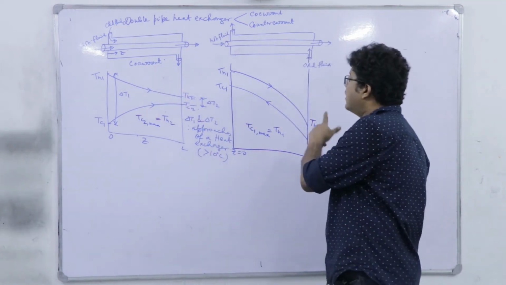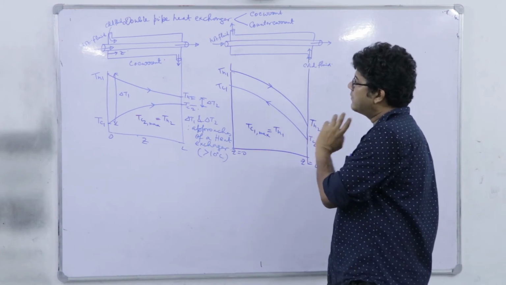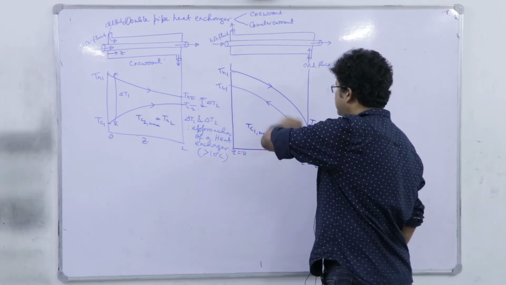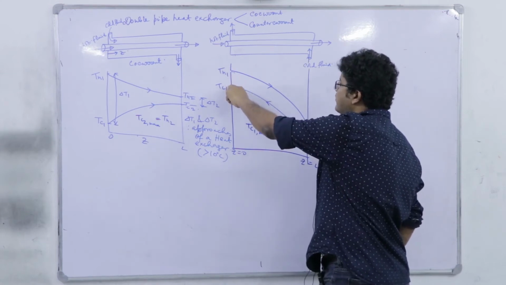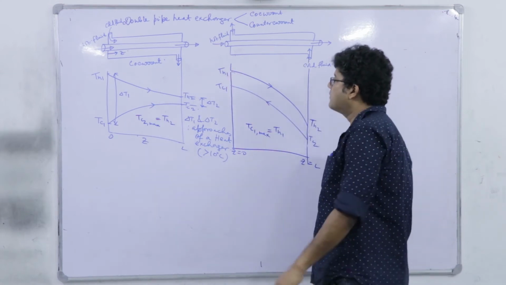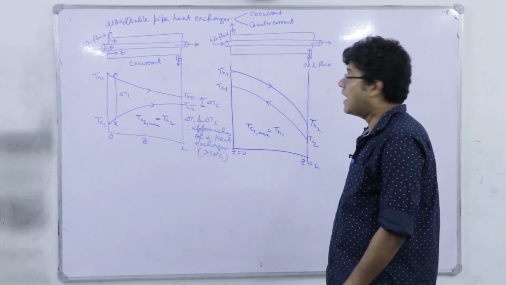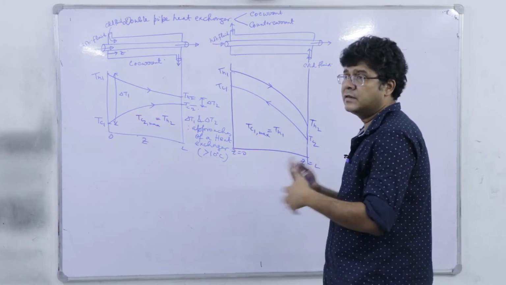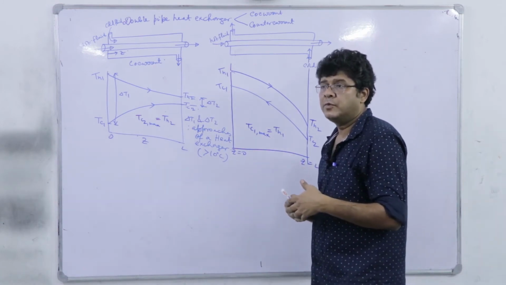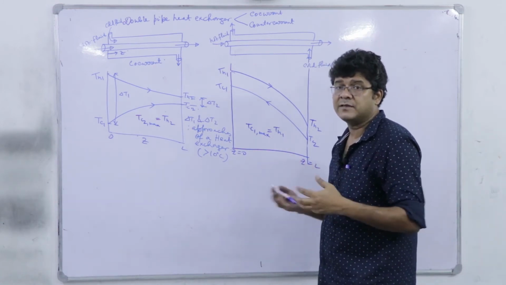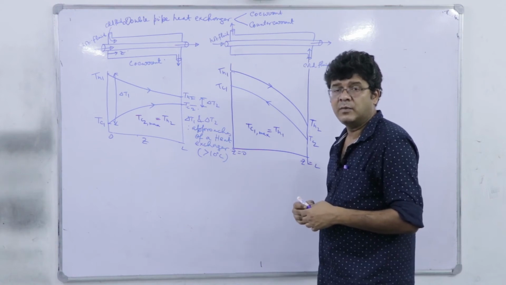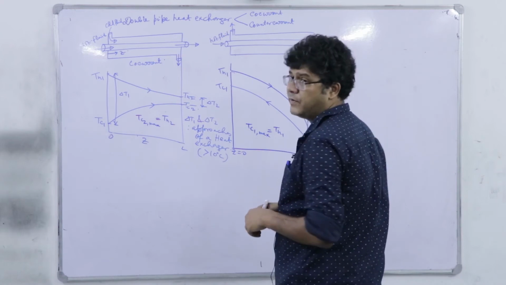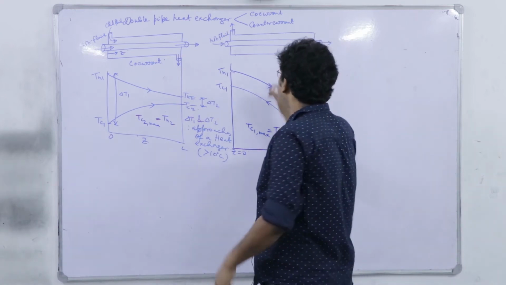Whereas in case of counter current, we can understand that here this cold fluid outlet temperature maximally it can reach to hot fluid inlet temperature, which is highest possible temperature of this system. So from this perspective of the possibility, maximum possibility of thermal energy exchange, we can say that counter currents are more efficient than co-current heat exchanger, right?